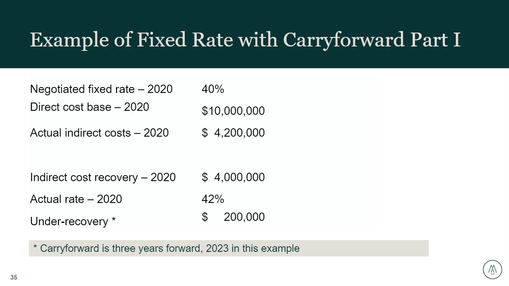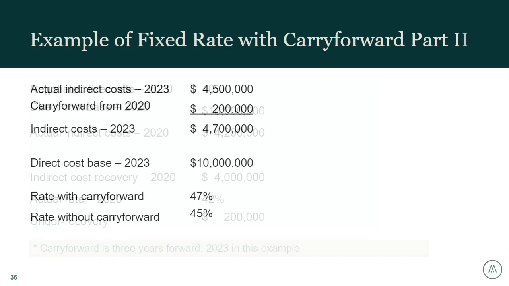Since we are using 2020 and we decided that our subsequent period would be 3 years, the carry forward will be adjusted in 2023 for this specific example. To continue looking into our basic data, we see that indirect cost recovery in 2020 was 4 million, which gave us an actual rate for that year of 42% and led to an under recovery total of 200,000.